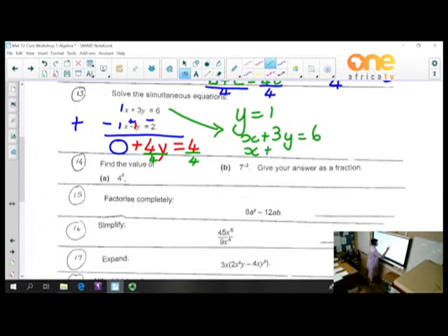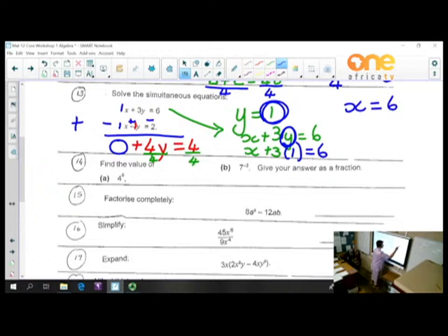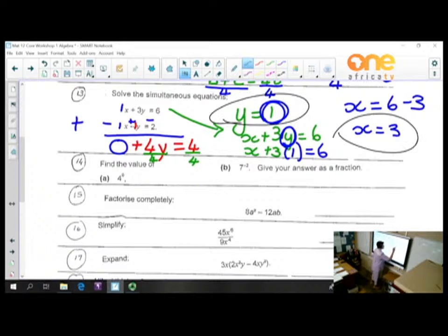So x plus 3, and now I substitute this value of 1 in that place, is equal to 6. So x is equal to 6 minus 3. I'm going to take over, and x is then equal to 3. So here is your two solutions. Y is equal to 1, and x is equal to 3.